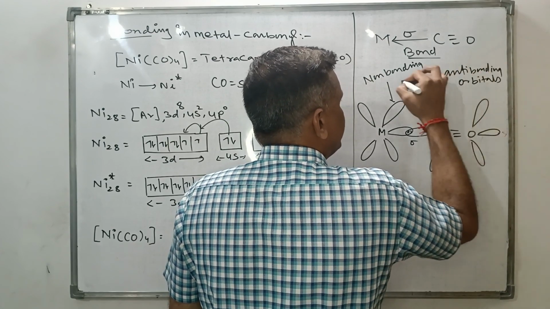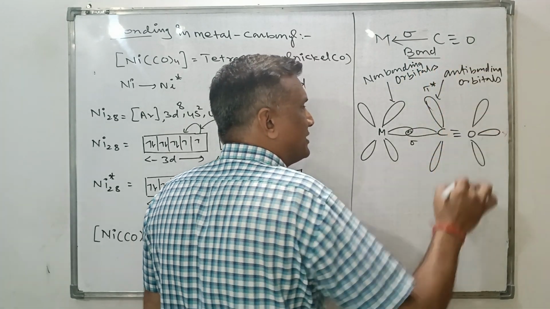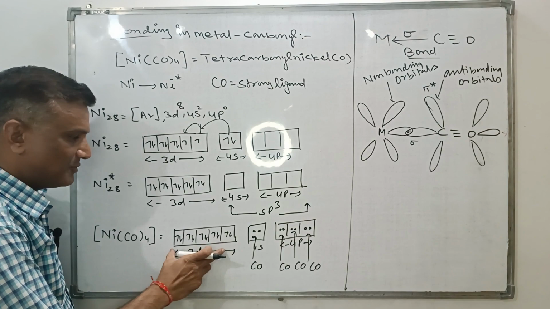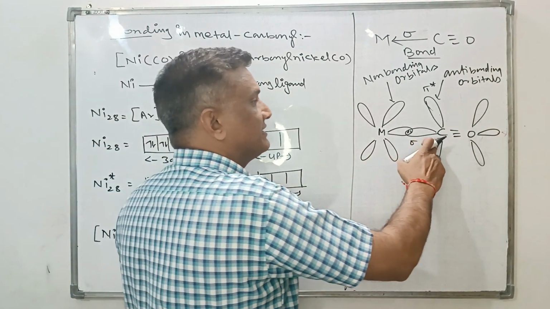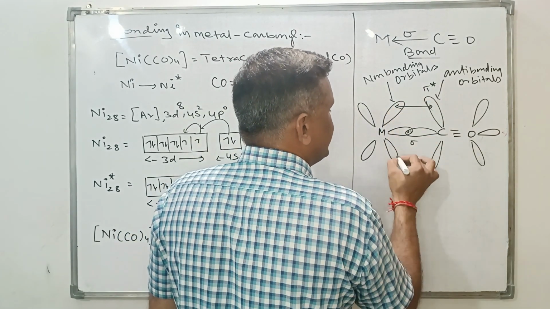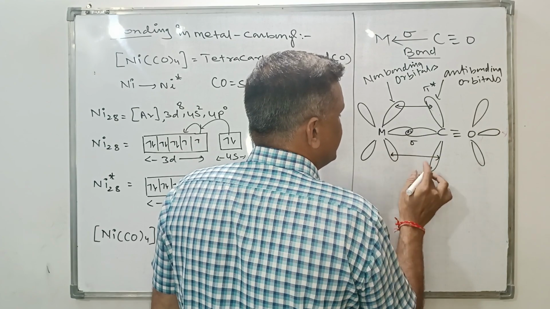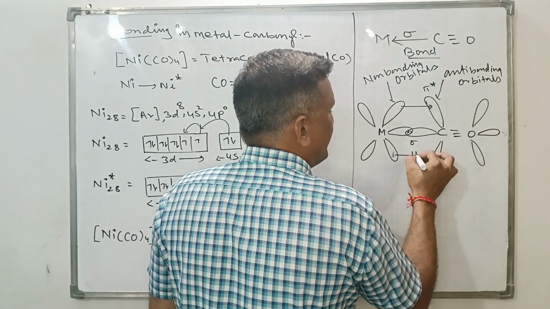These are the non-bonding orbitals which are not taking part in the bond formation. And the anti-bonding orbital of the carbon forms a side-to-side overlapping. By the side-to-side overlapping, they form a bond similar to the pi bond.